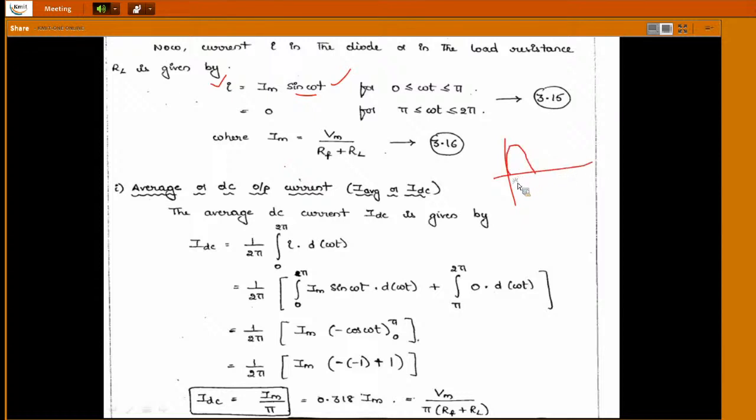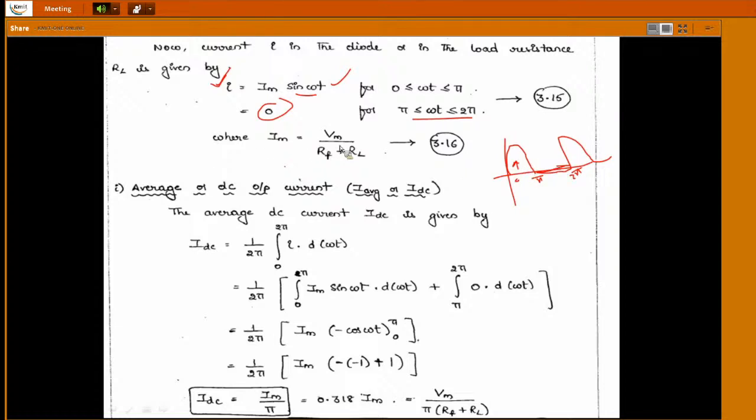Here I am taking 0 and pi, and this is 2 pi. During pi to 2 pi, the output signal is 0. Then once again it is 2 pi to 3 pi. That's why the output current signal is defined as I equal to Im sin omega t from 0 to pi, and from pi to 2 pi it is 0, because the output current signal is 0.